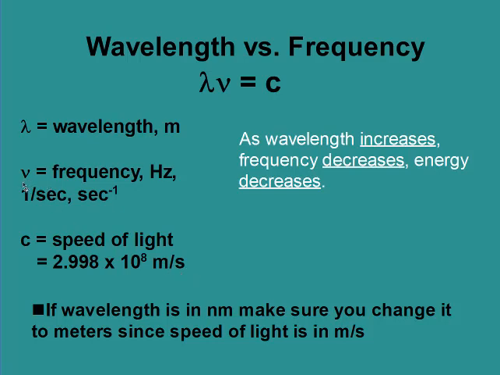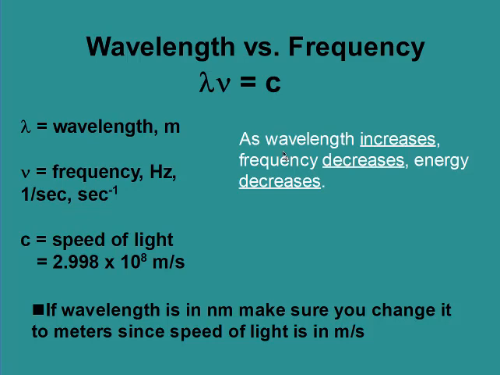This symbol is nu. It kind of looks like a V, but it's a Greek letter. It represents frequency, which has the units of either hertz, 1/seconds, or seconds to the negative 1. All of those mean the same thing. So it's recommended when you see the units hertz that you automatically just say that's 1/seconds.